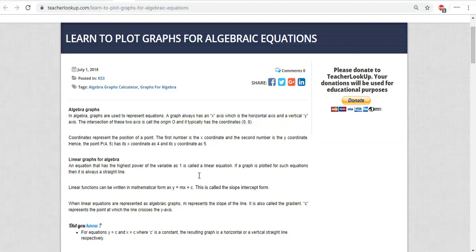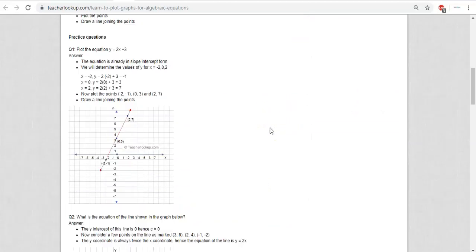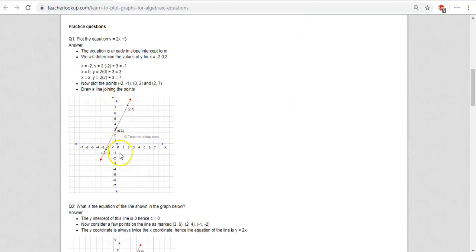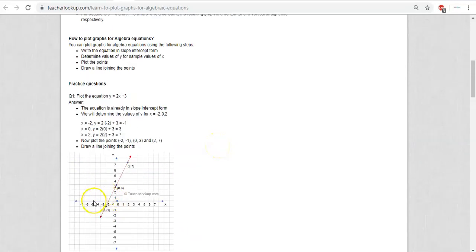A graph always has an x-axis, which is the horizontal axis, and a y-axis, which is the vertical axis. I'm just going to scroll on down, and this is the y-axis, as you can see, and this is the x-axis here, where the mouse is for this particular graph.